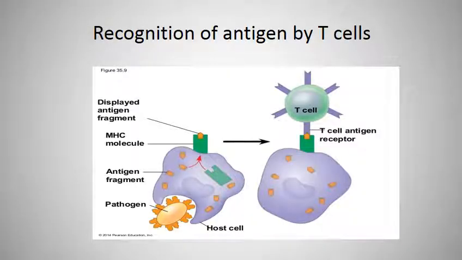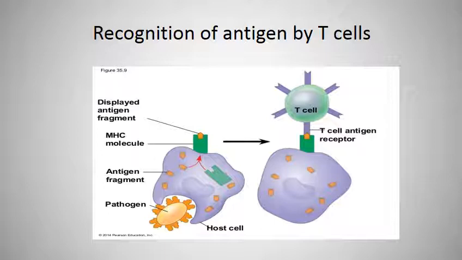Now this is the recognition of antigen by the T cells. Here we have already seen this, where the host cell engulfs the pathogen and the fragment of the antigen is displayed by the MHC molecule.